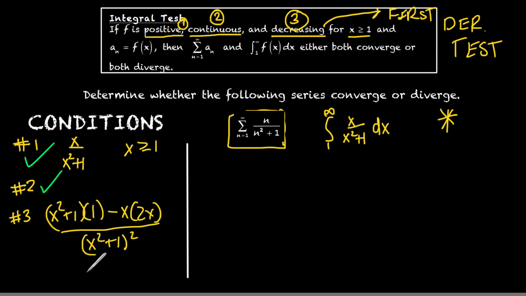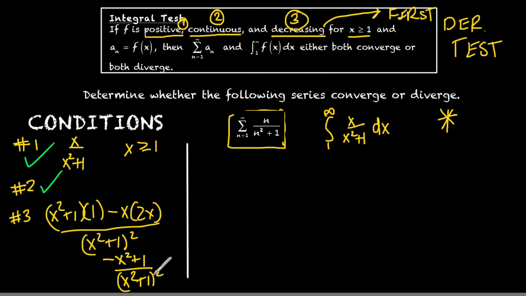So when you clean up the top, you're going to have x squared minus 2x squared plus 1. So you're going to have a negative x squared plus 1 over x squared plus 1 squared.